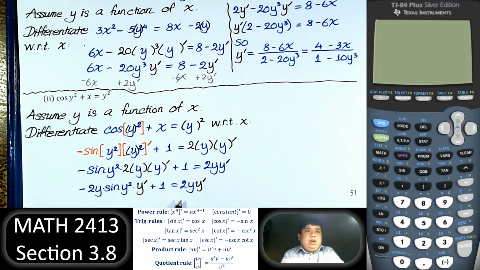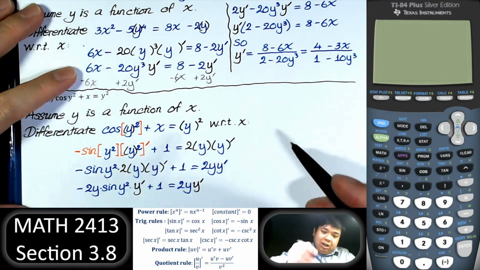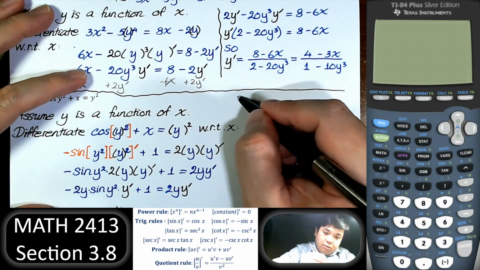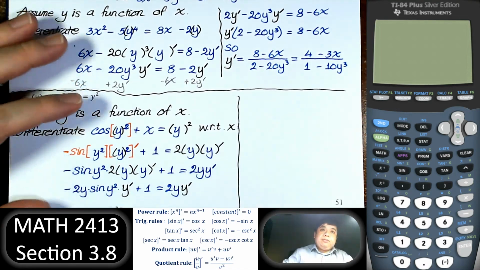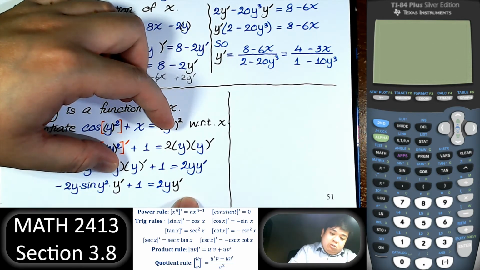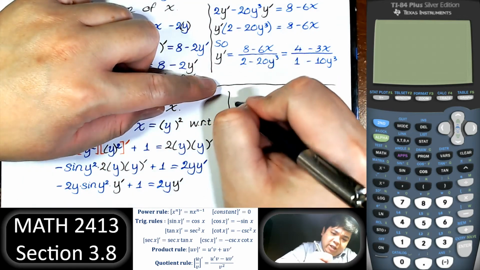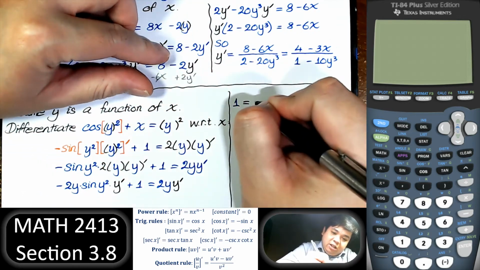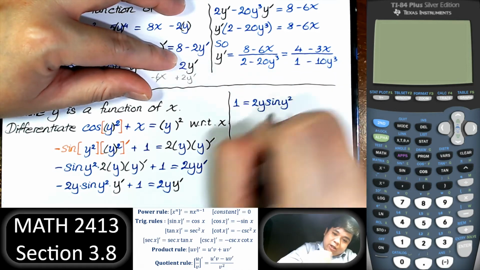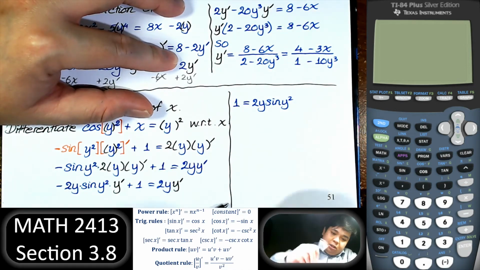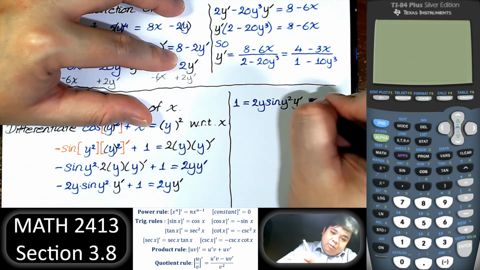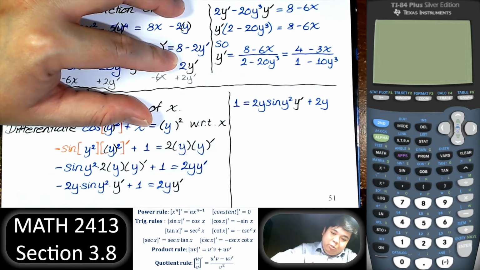Move everything on one side and solve for y prime. The rest should be simple. So I will move this to the other side though, because in that case both of them will be positive. I have 1 on the right hand side, 2y sine y squared y prime plus 2y y prime.